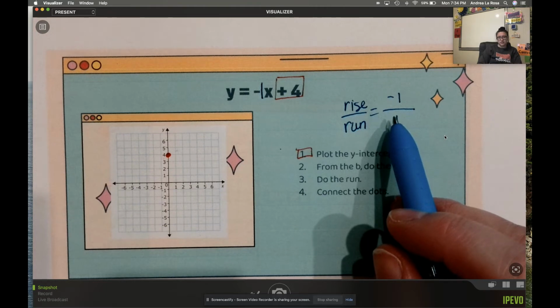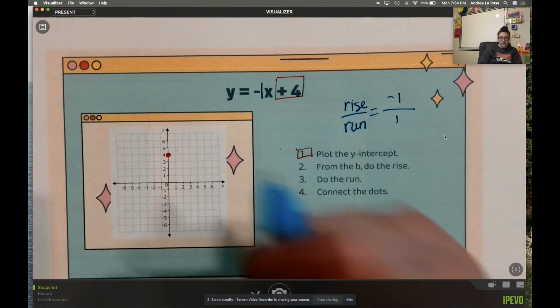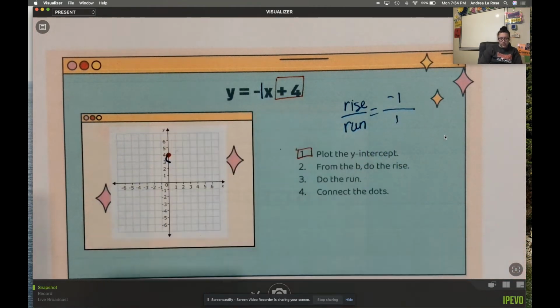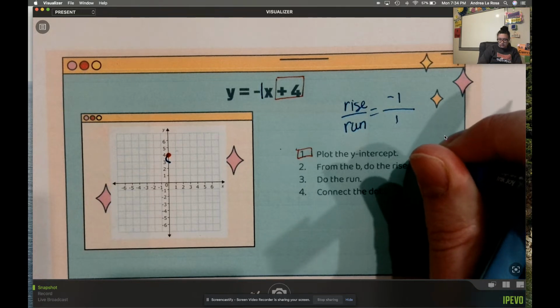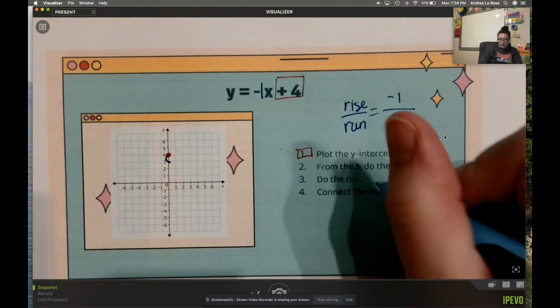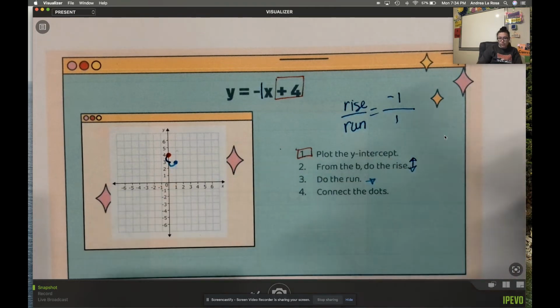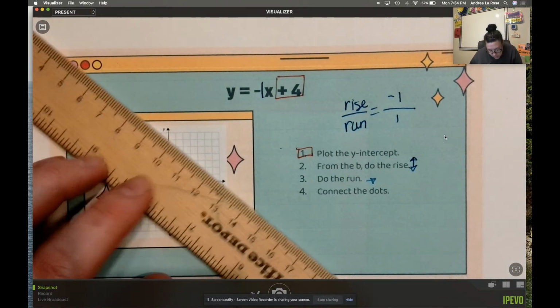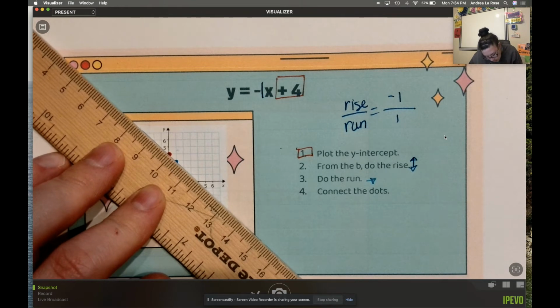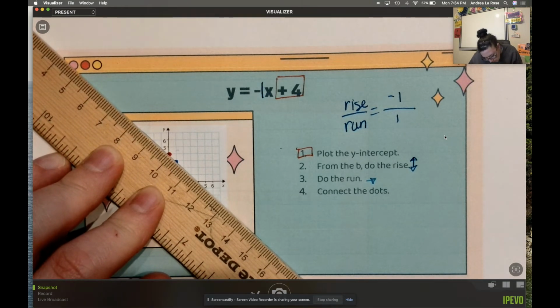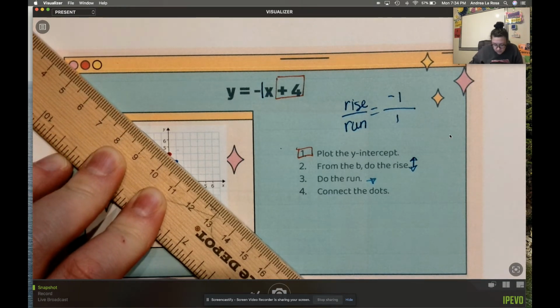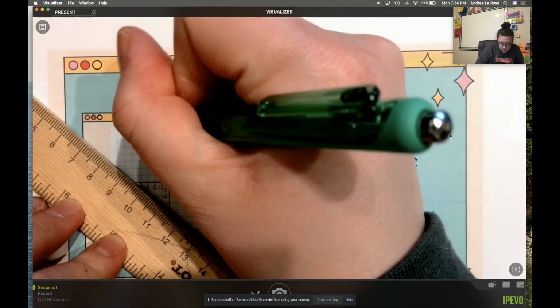That's not right. So my rise needs to be down 1, negative 1, and then my run needs to be to the right 1. Over here 1. Boom! Those dots are super close, but that's okay. That's right.